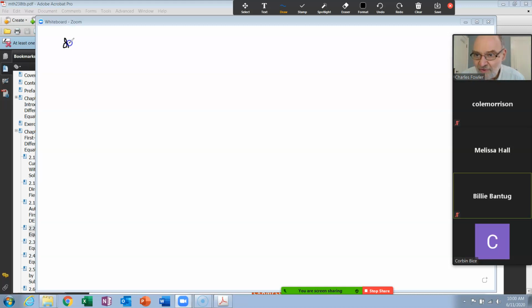But let's do it this way just to practice the technique. dy dx minus 3y is equal to 0. That equal to 0 guarantees, not guarantees, but in this problem, you could have done it by separation of variables. Let's not worry with that now, okay? It just keeps it simple for our first example.